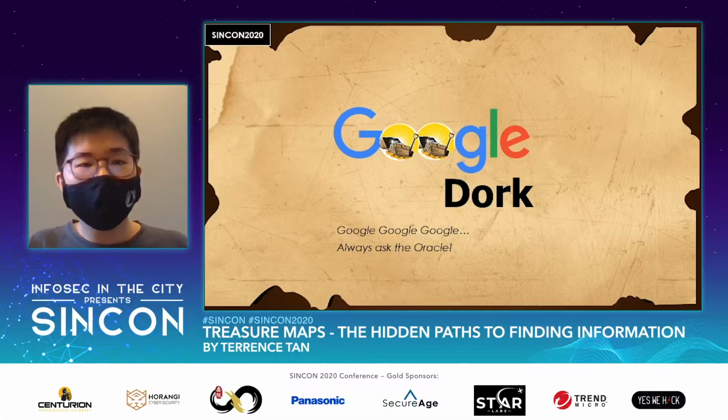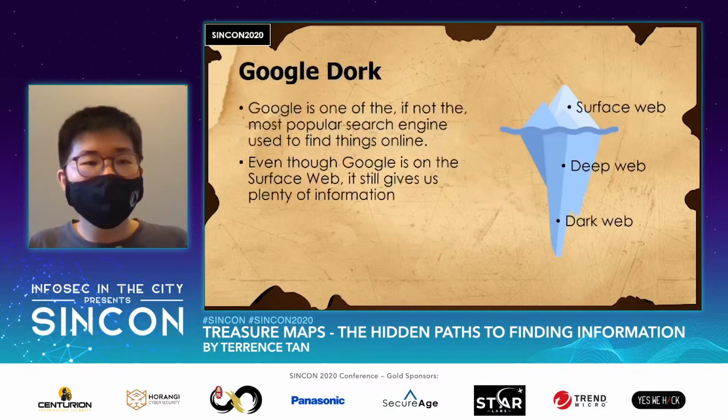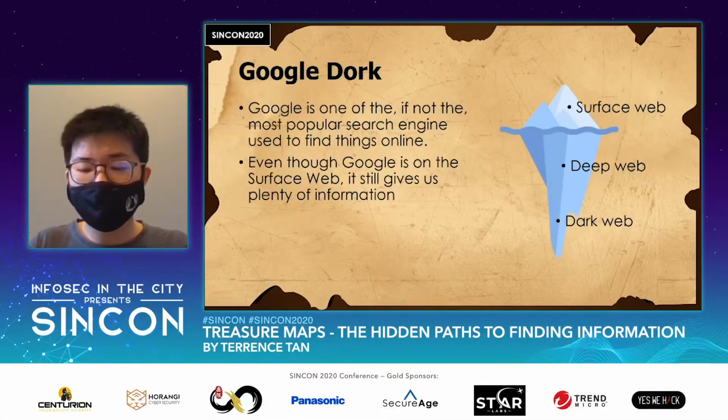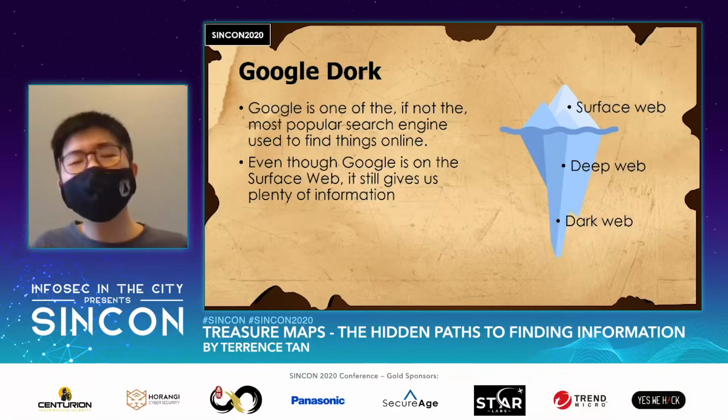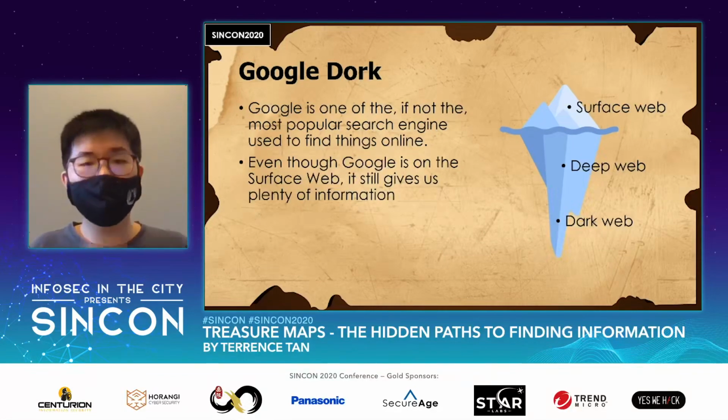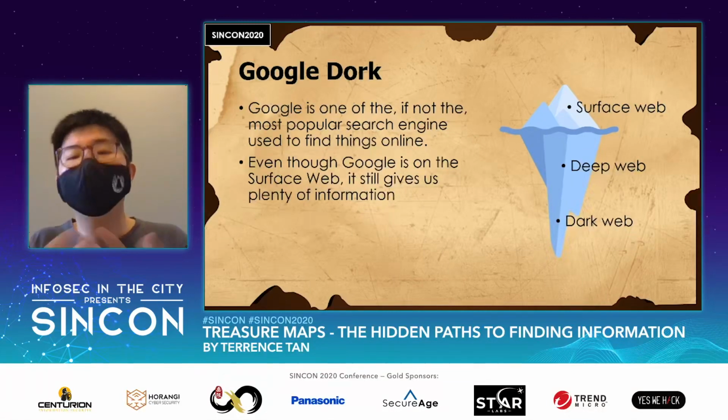So why Google? Google is one of the most popular search engines used to find things online. Most people use Google on a day-to-day basis to search for where a place is, what to eat, and whatnot. There must be a reason why Google is so popular, and it's quite obvious, because Google most of the time will give you the result you are looking for.